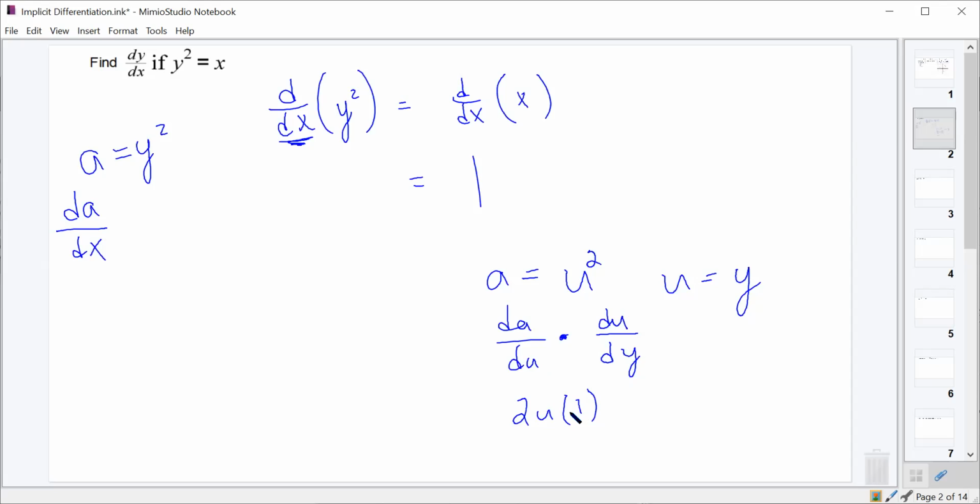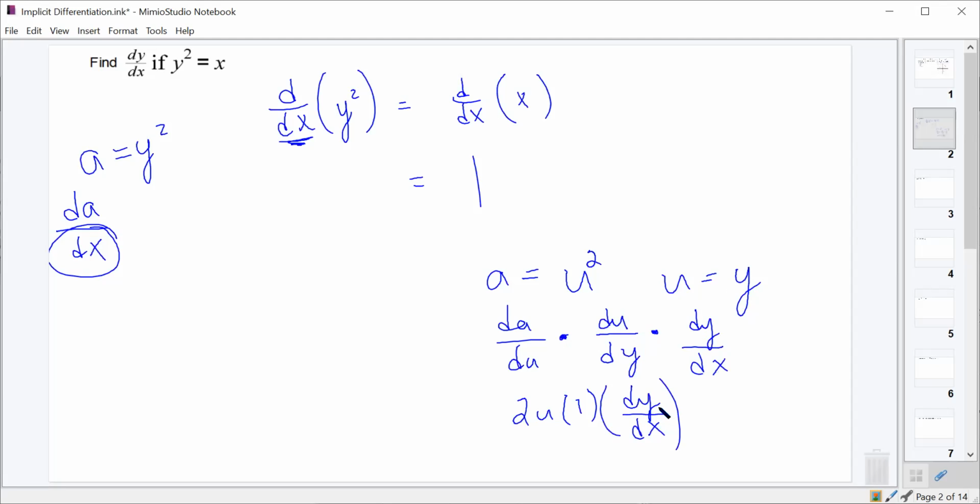But as we go through and do this, we have to keep in mind that what we're really doing is taking a derivative with respect to x. And so this term here that we're taking the derivative with respect to y has to really be done in terms of x. And so really we have to multiply this by dy dx, because we're really taking the derivative of the y term with respect to x.